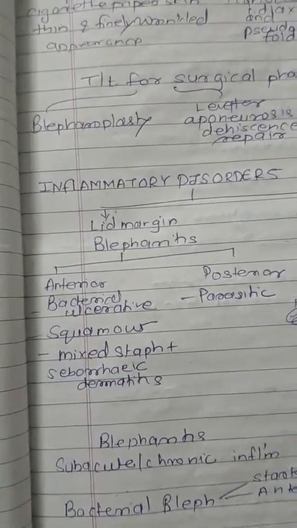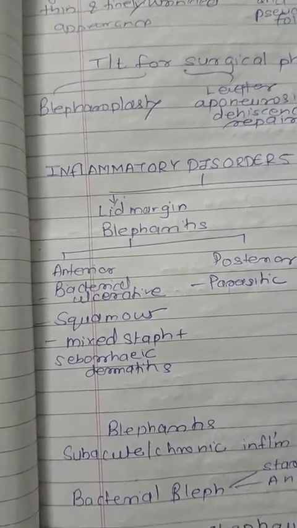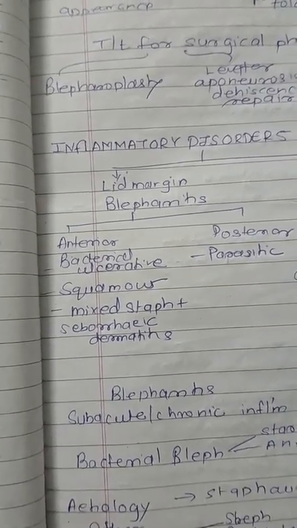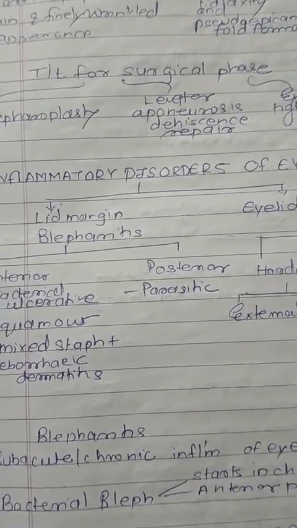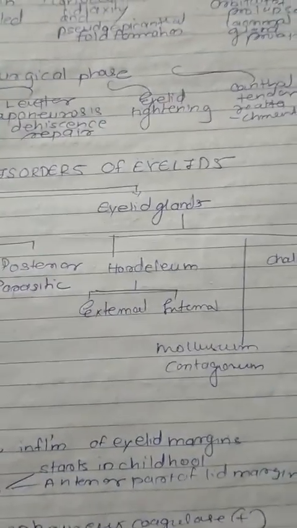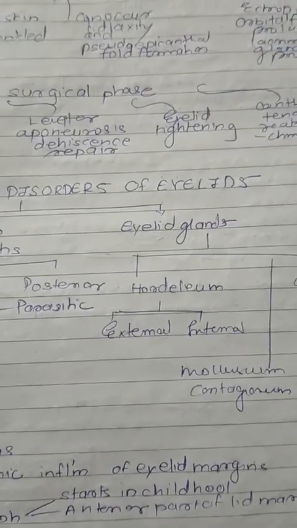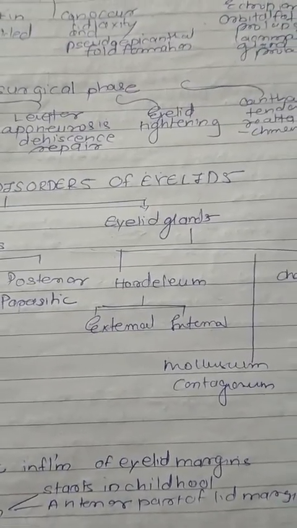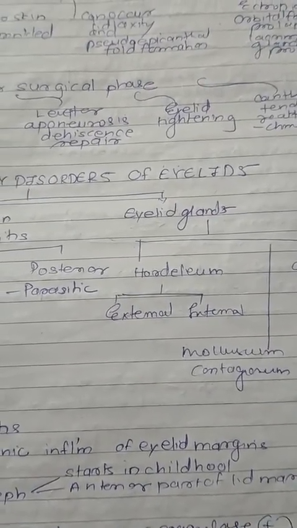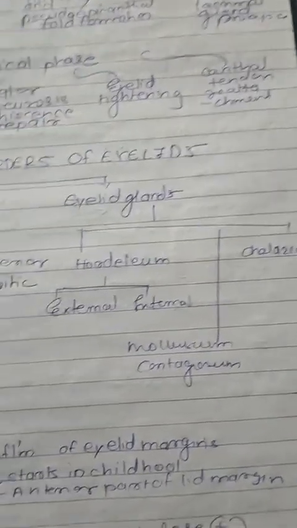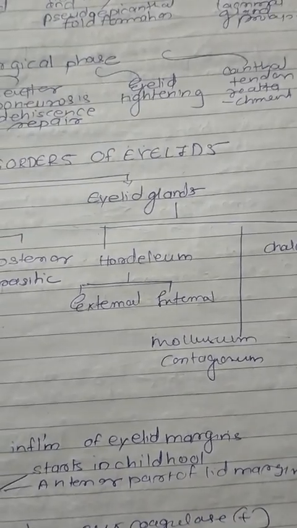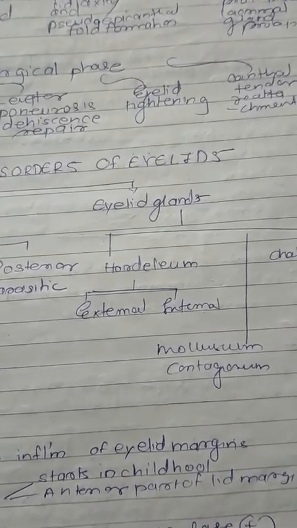In anterior we have bacterial ulcerative, squamous, and mixed staph plus seborrheic dermatitis, and in posterior we have parasitic blepharitis. In eyelid glands we have hordeolum, external and internal hordeolum. External hordeolum is also called stye. Then we have chalazion, and we have molluscum contagiosum, which causes disorder of eyelid glands.